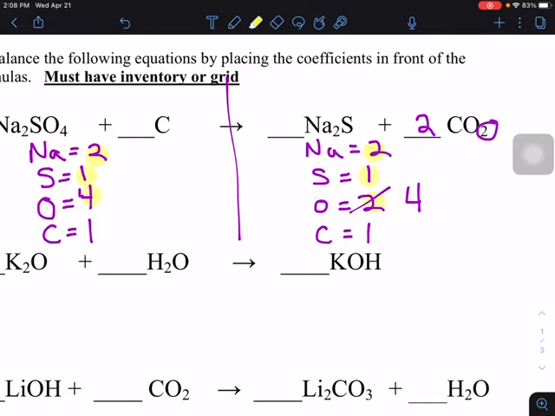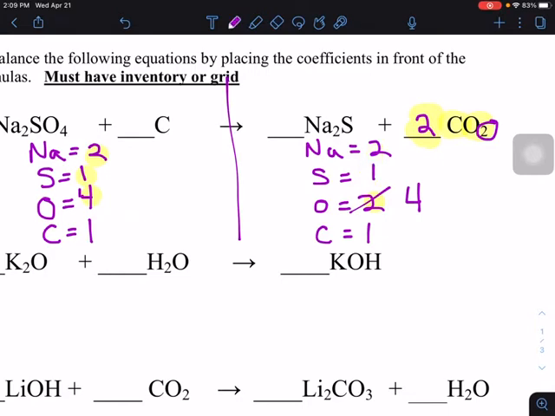But whenever we put a coefficient, like we put the coefficient right here, it not only changes the oxygen, it changes everything else as well. It added more carbon. So now we have 2 times 1 subscript for carbon.